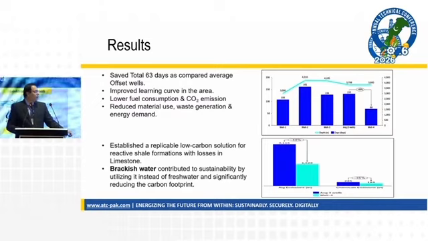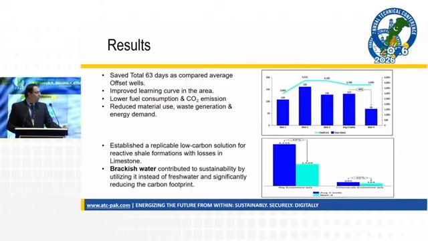Secondly, lower fuel consumption and CO2 emission, and reduced material consumption, because in all offset wells we used cement plugs, and for cement, every single kilogram of cement produces an emission of 0.6 to 0.9 kg of CO2. So we save the environment from CO2 emission by applying this strategy.